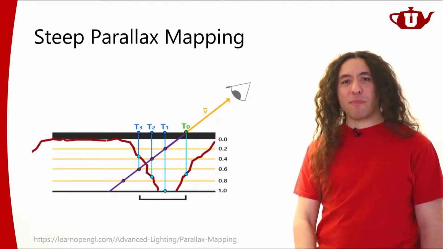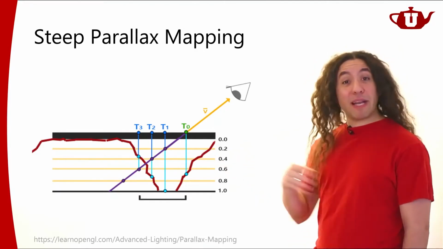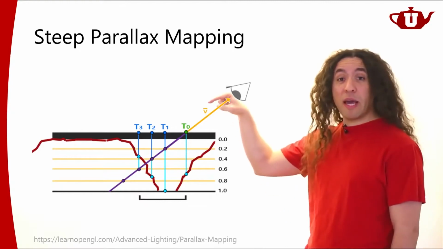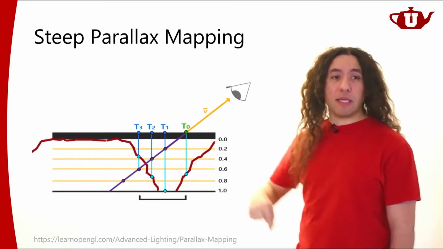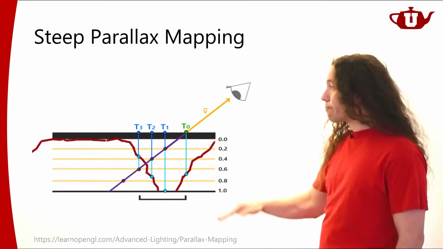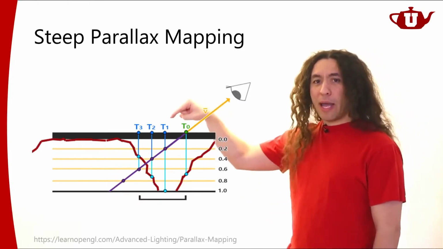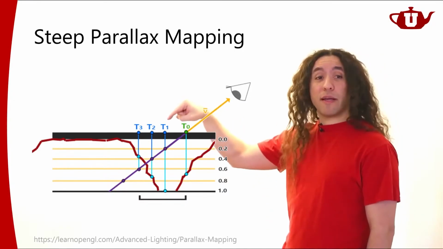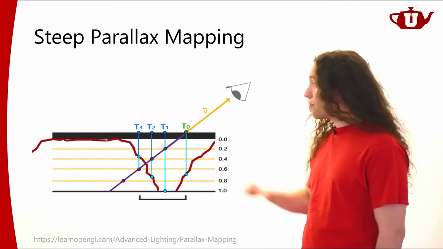With steep parallax mapping, I get a better approximation of the surface. But it is more expensive, right? Instead of doing just one texture read at this point, I ended up doing multiple texture reads, up to however many steps I have in my height map here. In every step, I am changing my UV coordinates accordingly, and I'm reading a different position on the displacement map.